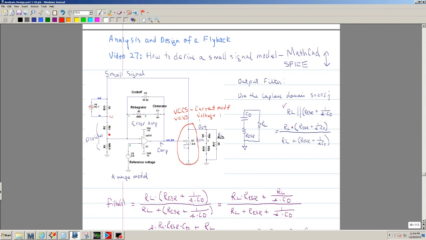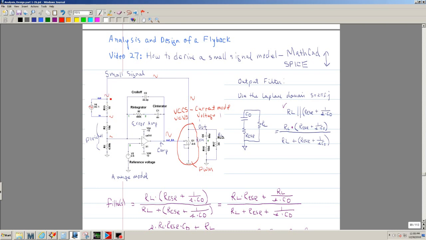The little wiggle gets divided down, and then it goes to the error amp, and at low frequency it gets amplification. Then it goes through this modulator, which I'm going to call the PWM. Then that wiggle comes out through the feedback, and then it gets compared.